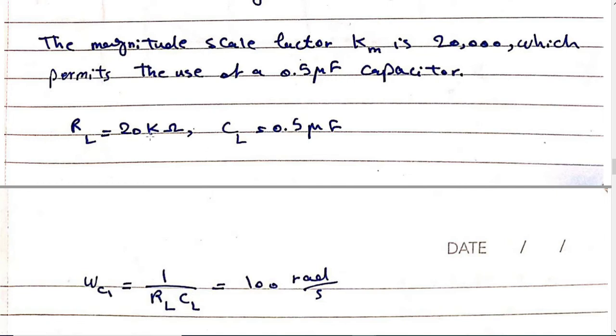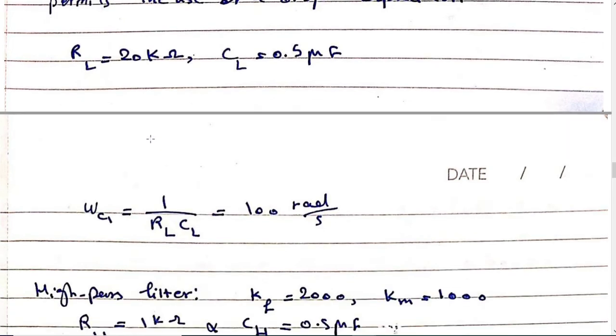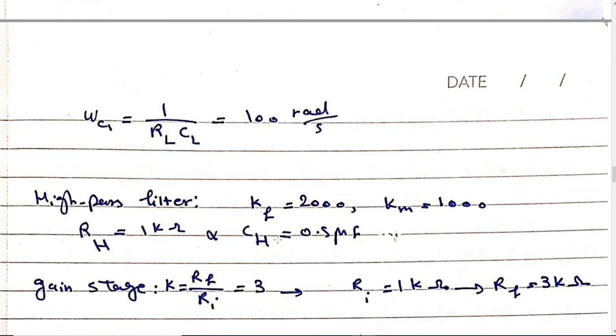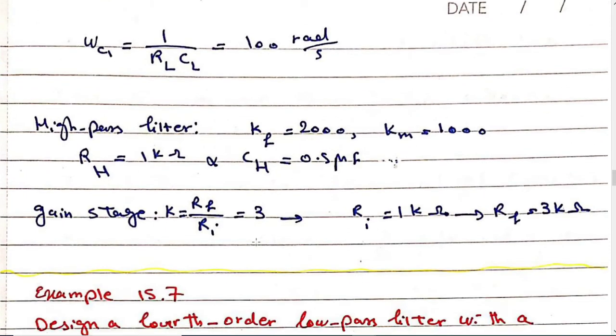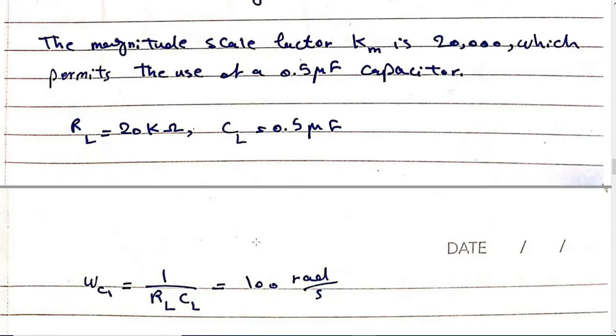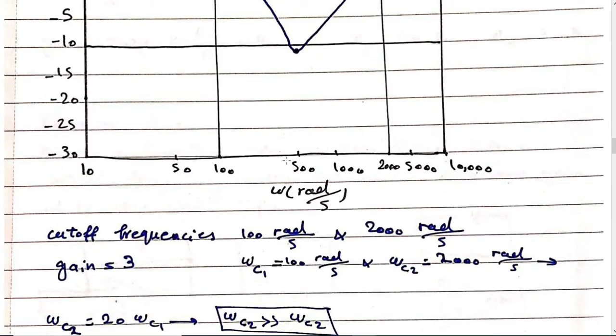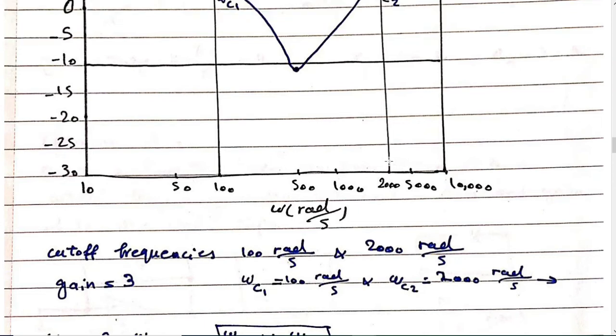So from there, RL is 20 kilo ohms. And how about RH? The same thing, omega C2 is 1 over CHRH. What is the value for omega C2? 2000. Yes. So RH will be 1 kilo ohm.